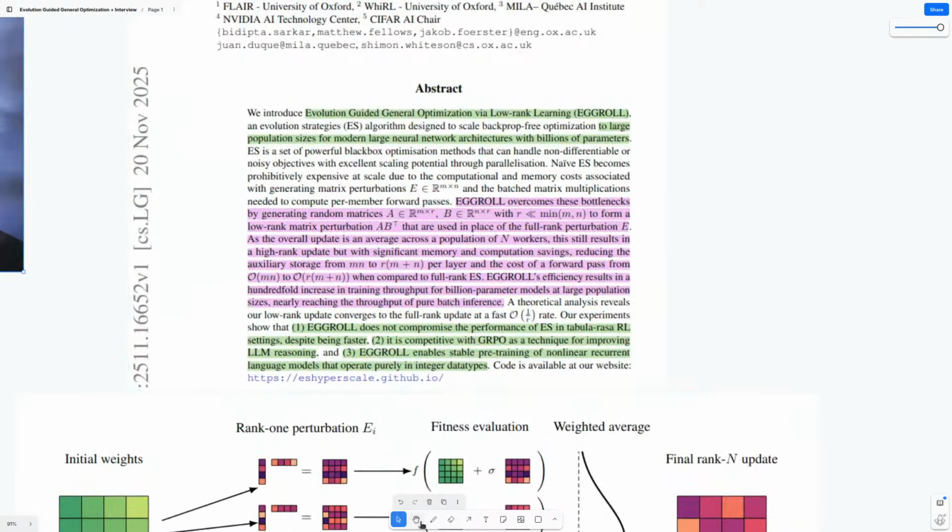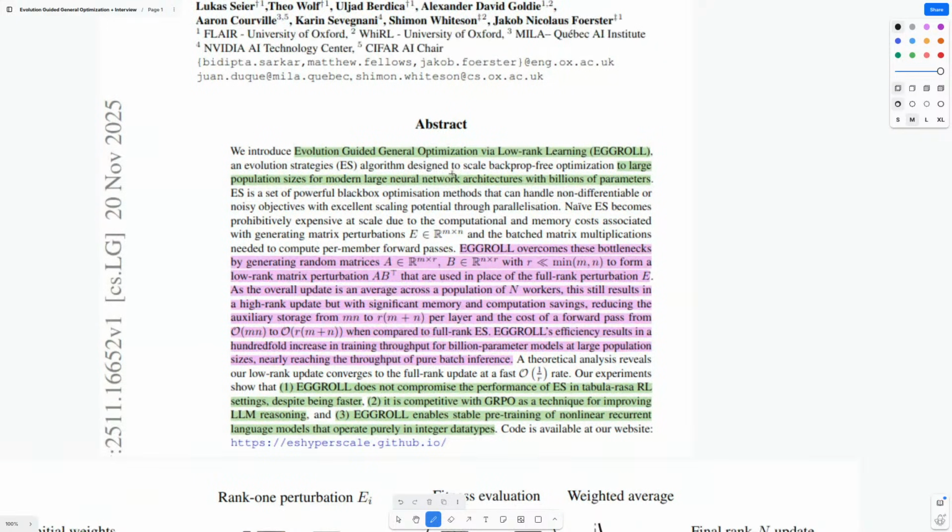The main claim of this paper is that you can use ES and a LoRA style of workflow in order to pre-train models, to post-train and fine-tune them, or to do straight up RL from scratch on them.